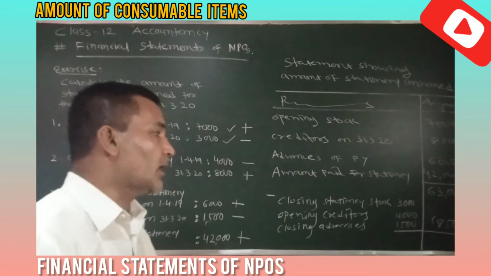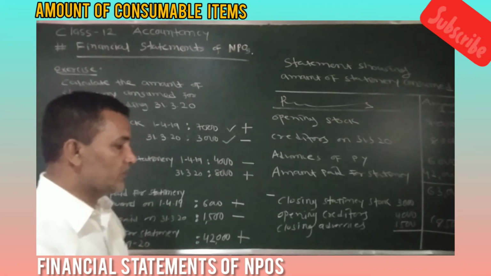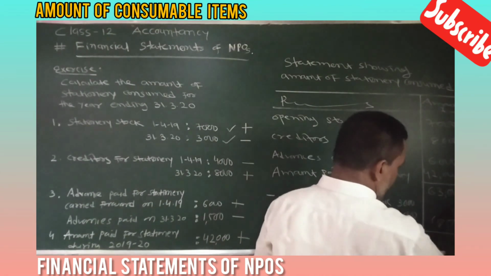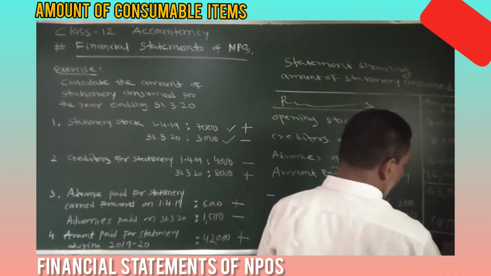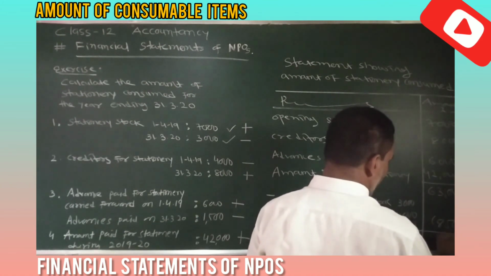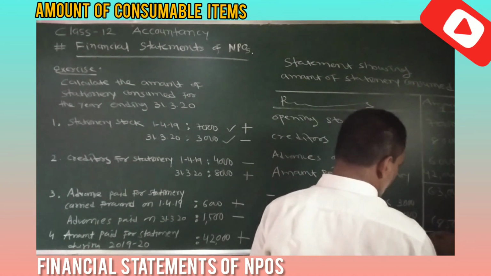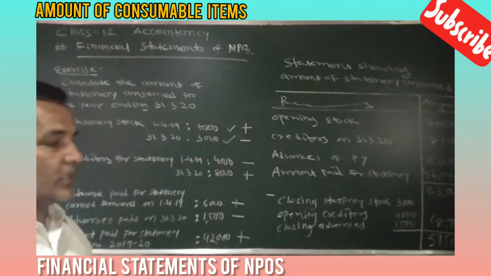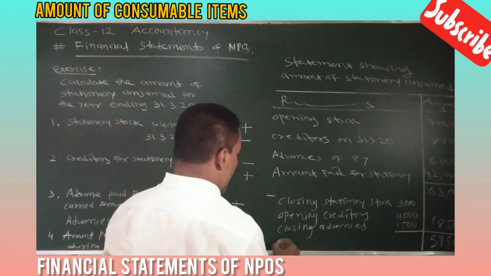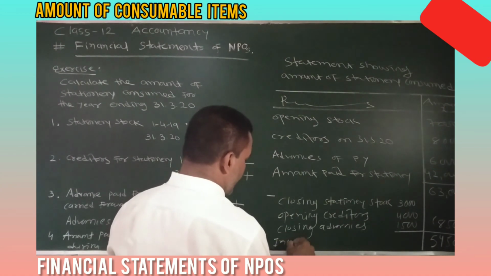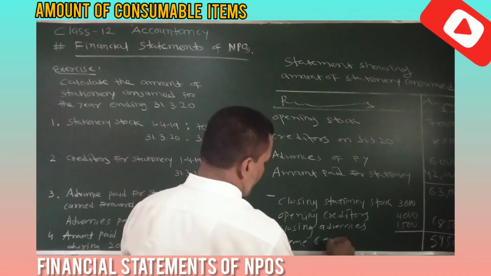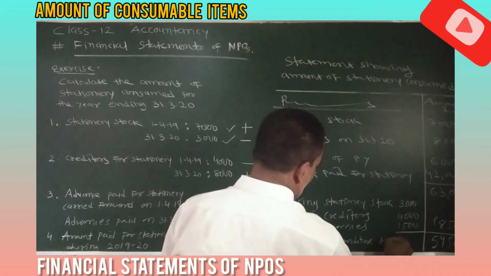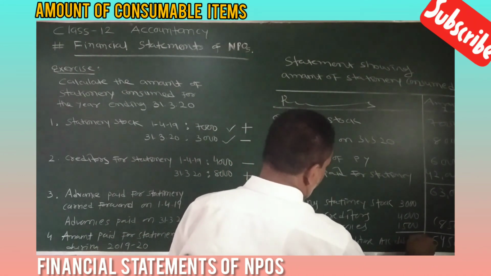If you minus 8,500, then you will get the amount 54,500. This 54,500 is debited to income and expenditure account, on the debit side.